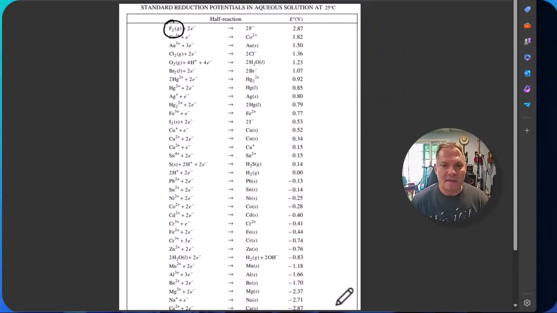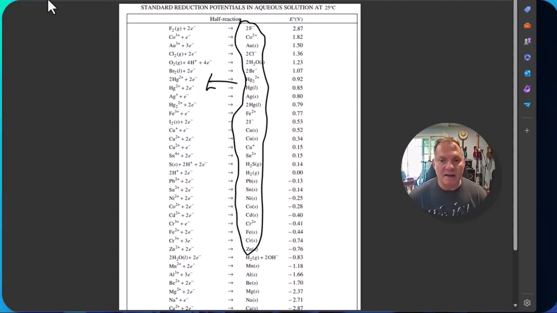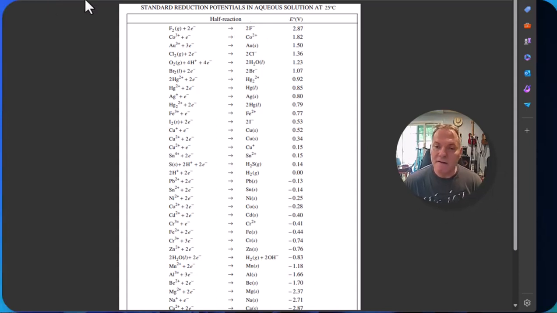If we look at the other side, then what we're going to see is these species are undergoing an oxidation. Therefore, they're reducing agents. But when we're talking about that direction, we change the signs. Therefore, the fluoride ion undergoing oxidation has the lowest potential for that. It is the weakest of the reducing agents. Does that make sense? It's undergoing oxidation, so it's a reducing agent, but it's doing so at negative 2.87 volts.